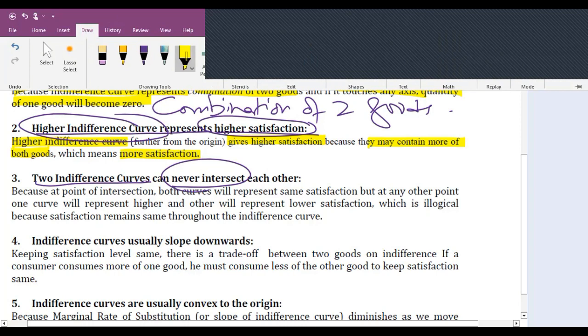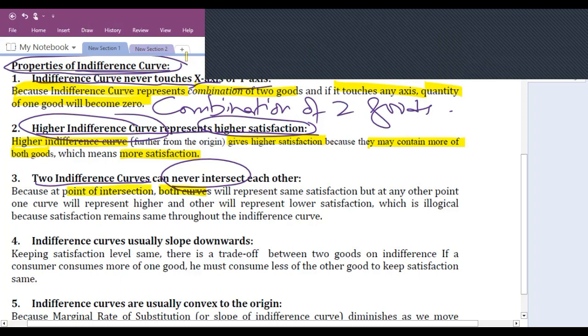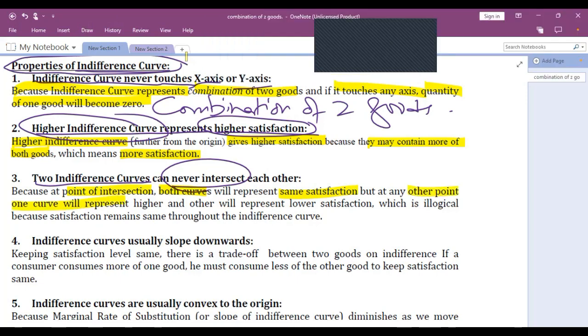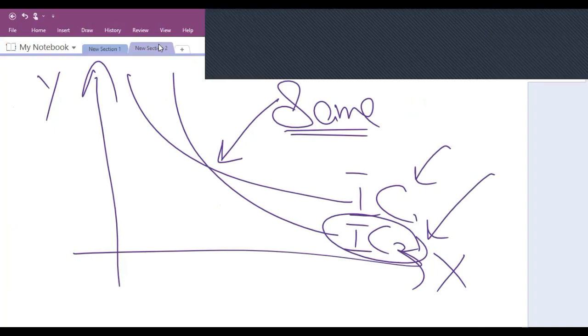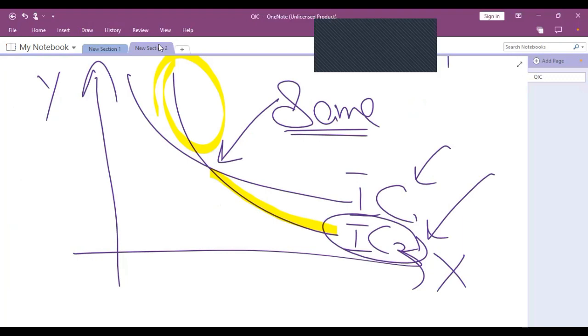Because at the point of intersection both curves will reflect the same satisfaction level, but at any other point one curve will represent a higher level of satisfaction and the other a lower one, as in this diagram. This lower portion shows a low level of satisfaction, while this upper portion shows a high level of satisfaction. That is not possible because on the same IC curve the satisfaction level remains the same. What does this mean?